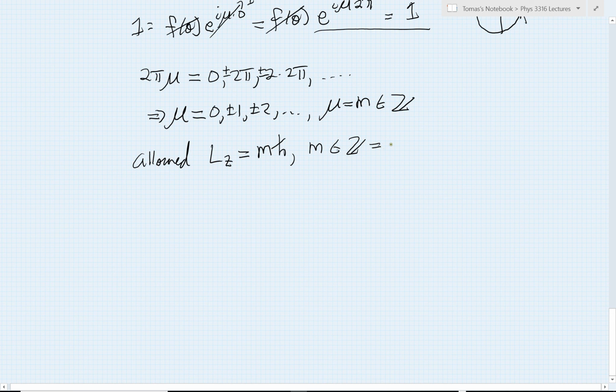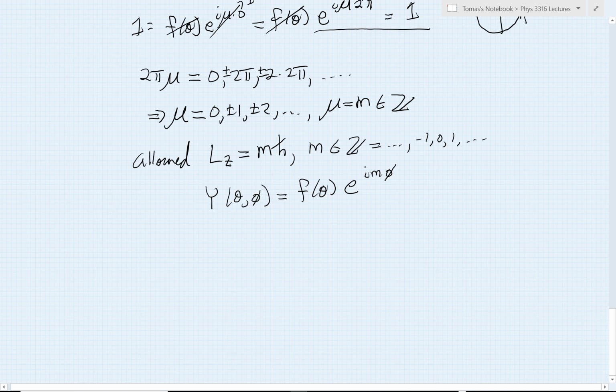It could be anywhere from minus infinity down to minus 1, 0, 1, and so forth. And we also learned that these functions that depend on theta and phi are going to be some function of theta times e to the i m phi.